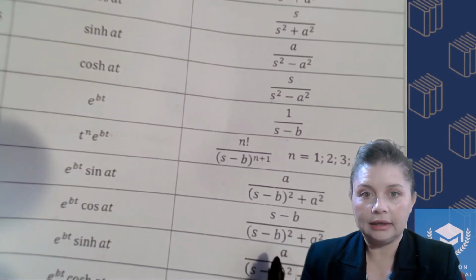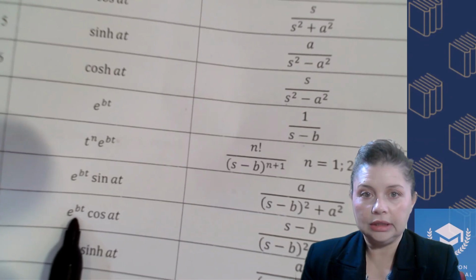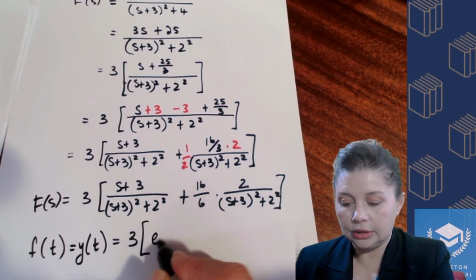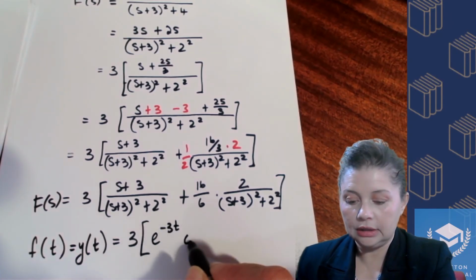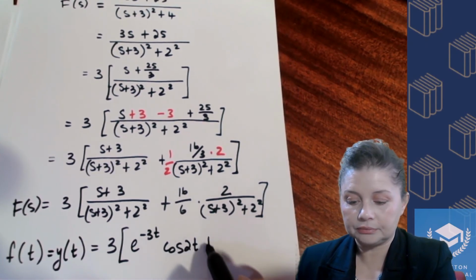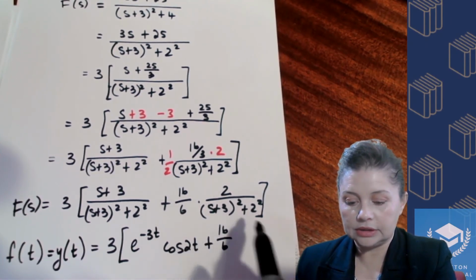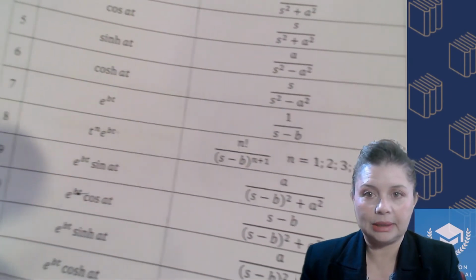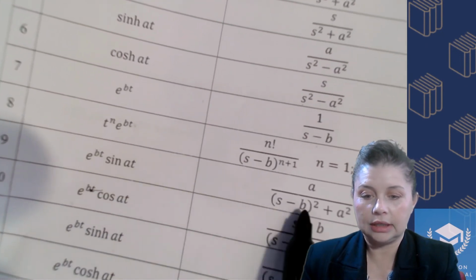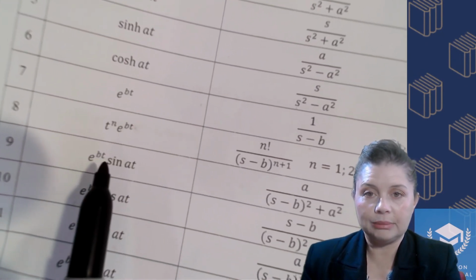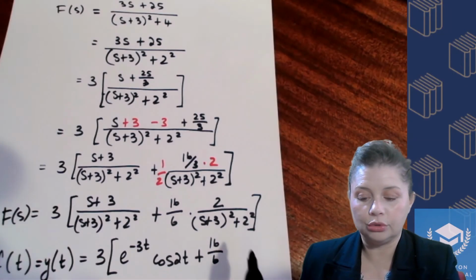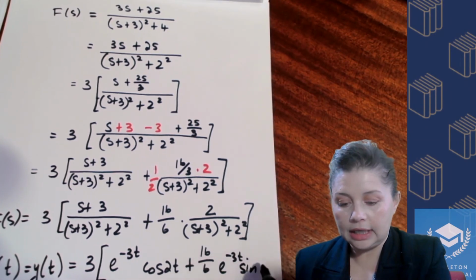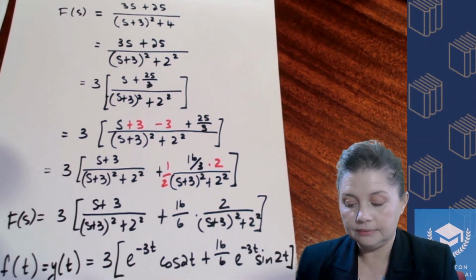So it's going to be e to the minus 3t cos 2t. Then 16 over 6. This here is going to be number 9 on my table. Again, b is going to be minus 3 and a is going to be 2. So it's going to be e to the minus 3t sine 2t, right?